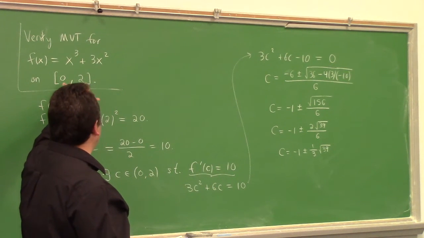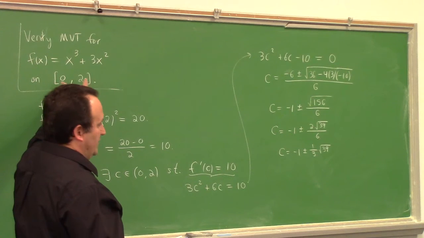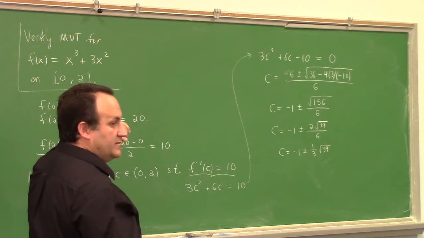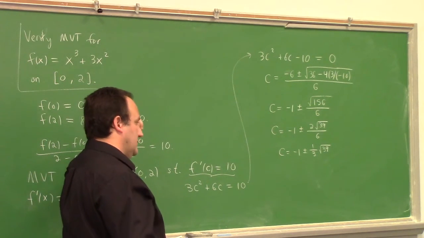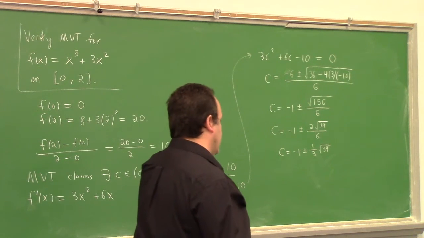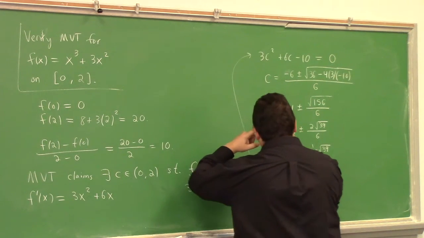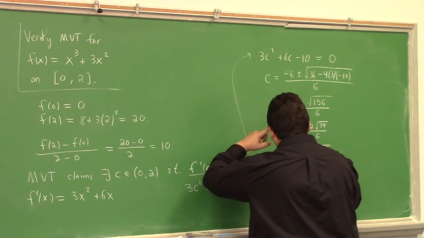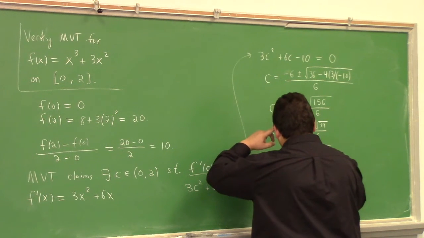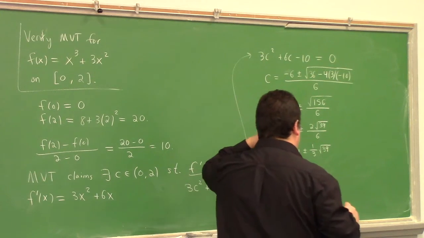There could be more than one solution in 0 to 2. Are those in 0 to 2? I think we need to choose which one, the plus one or the minus one.